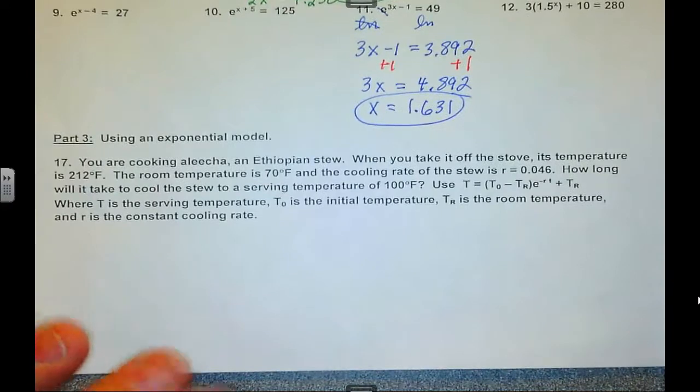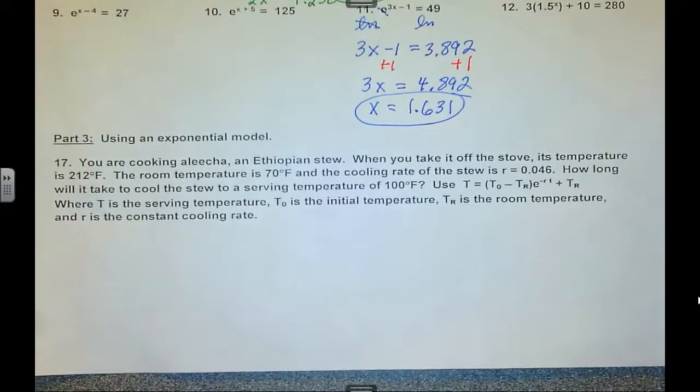Okay, you're cooking an licha, an Ethiopian stew. When you take it off the stove, its temperature is 212 degrees Fahrenheit. The room temperature is 70 degrees Fahrenheit, and the cooling rate of the stew is 0.046.